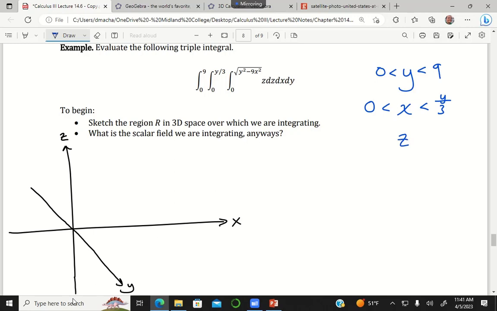And z can be anything between 0 and the square root of y squared minus 9x squared. So everything is happening, it looks like, in what we would call the first octant.